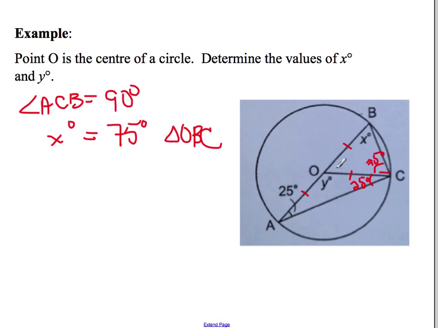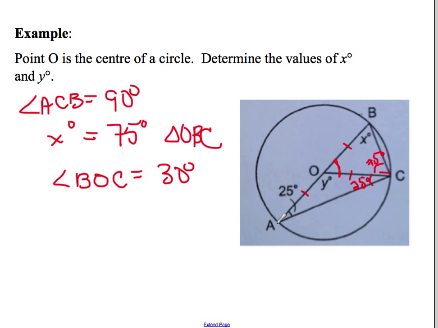Now there's a couple ways you can solve for y. I'm going to just say, well, I know that if this is 75 and that's 75, this has to be 30. So angle BOC has to be 30 because I know that all the angles in a triangle equal 180. Okay?